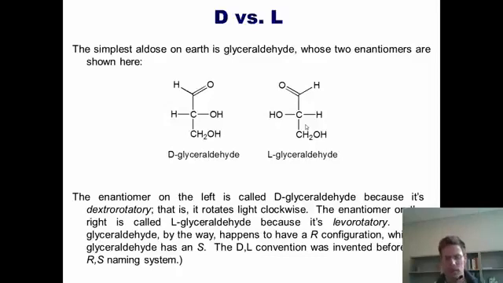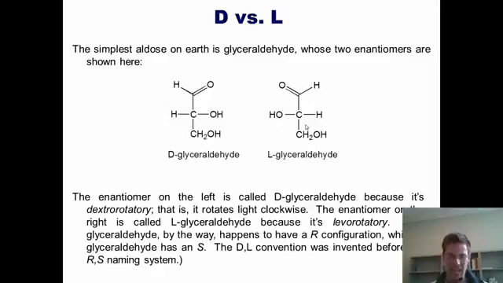Now, you might remember us talking about this light rotation concept called chirality back in Chapter 5 last semester. I want to reiterate now what I did back then. There is no direct correlation between something being R or S and it being dextrorotatory or levorotatory. Some R compounds happen to be dextrorotatory, others happen to be levorotatory.